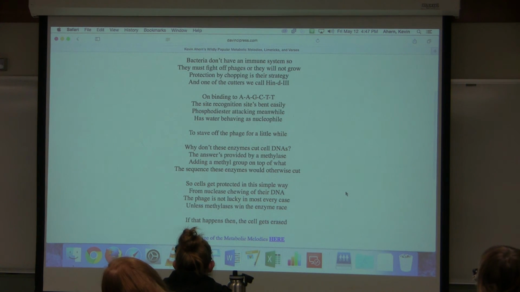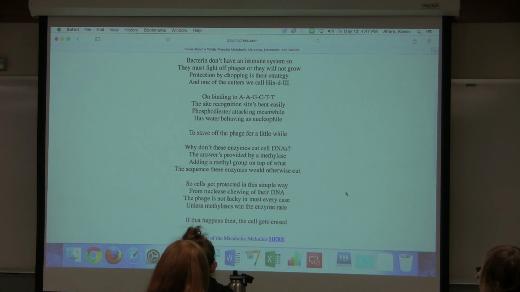Protection by cutting is their strategy, and one of the cutters we call HindIII. On binding of AAGCTT, the recognition site bends easily. Phosphodiester attacking, meanwhile, has water behaving as nucleophile to stave off the phage for a little while.